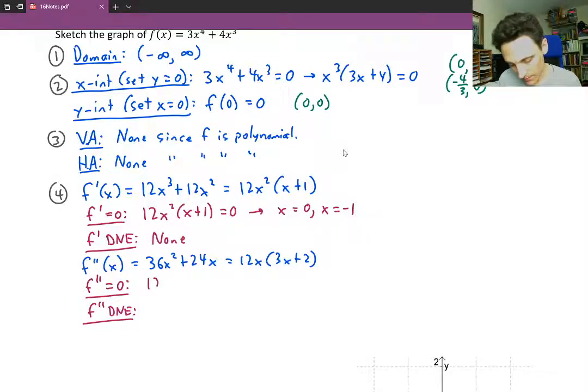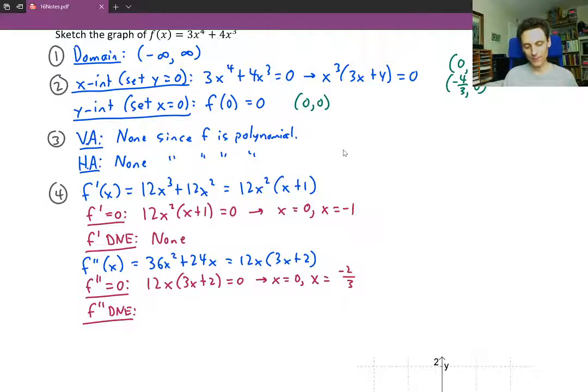It's equal to 0 when x equals 0 and x equals negative 2/3. And does not exist, well, there aren't any x values where the second derivative does not exist. Again, it's a polynomial.